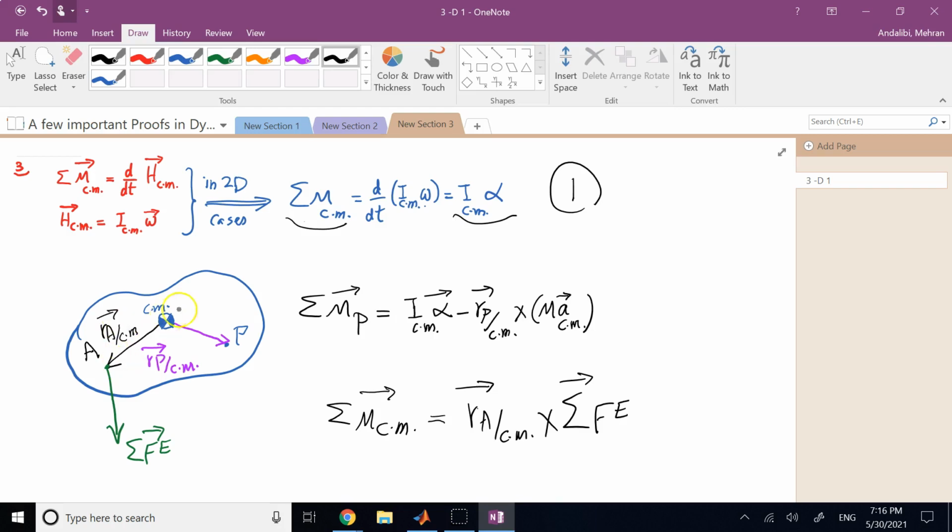Now, this r of A with respect to Cm, I think I can write it as this r of P with respect to Cm, which is this vector, plus the r of A with respect to P, which is this vector.